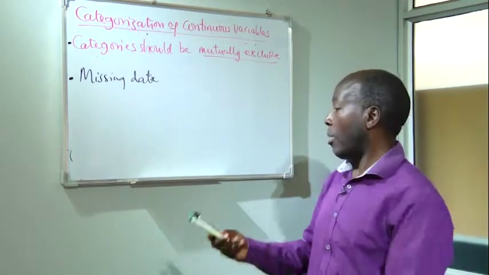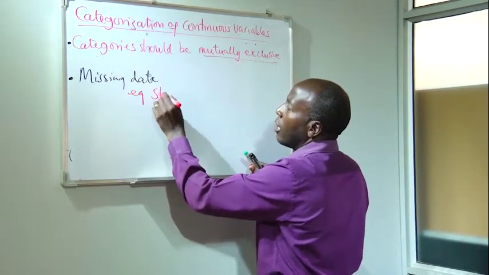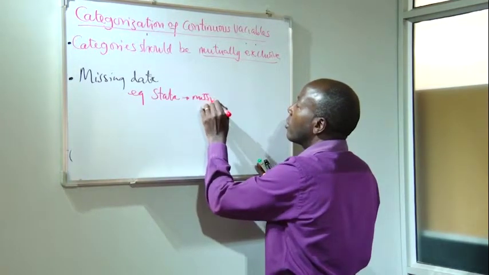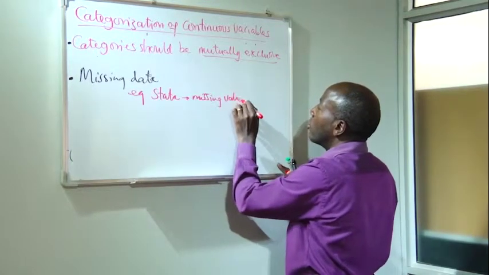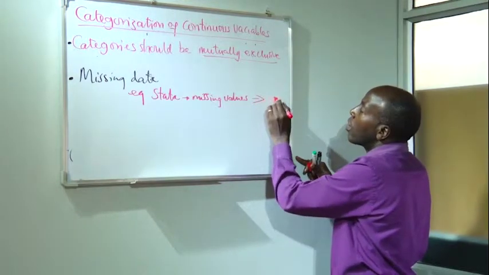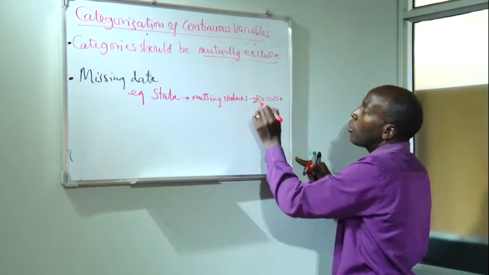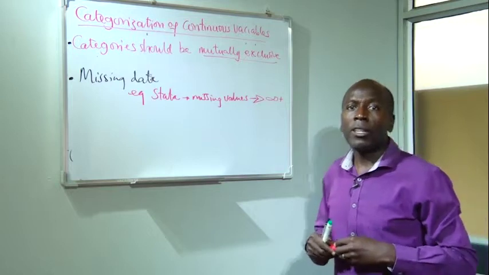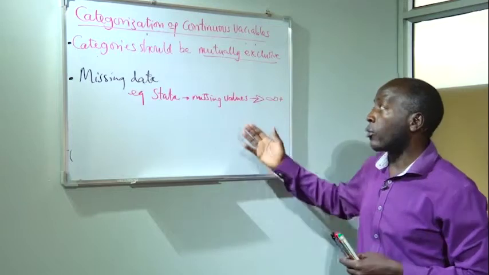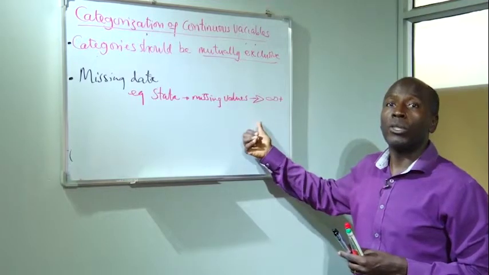In Stata, for example, missing values are taken to be huge. They are like a positive infinity. So when you are constructing a categorical variable, and there are some missings, and you don't attend to that, the missings will be included in the last category where your values were high.